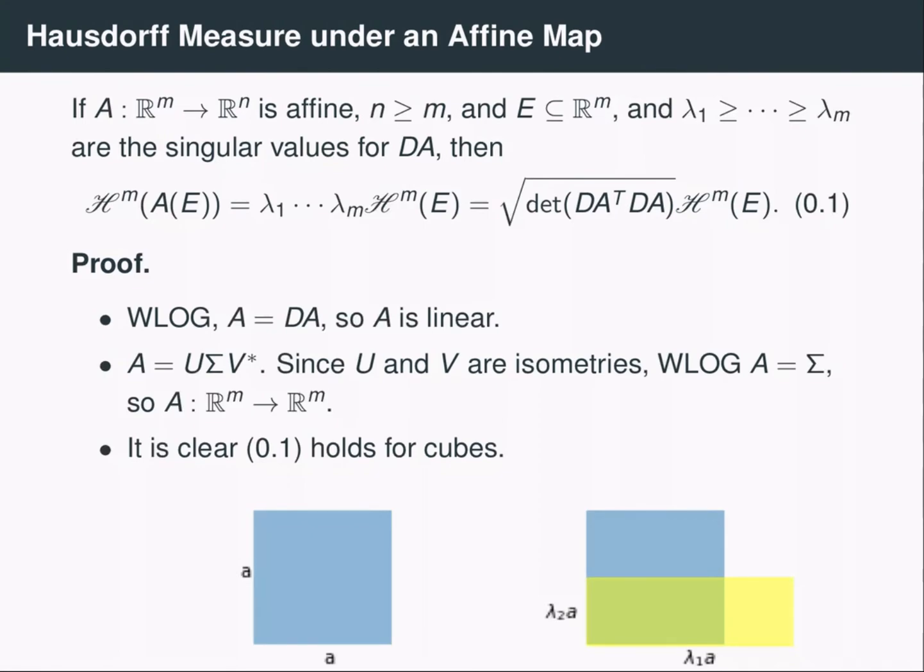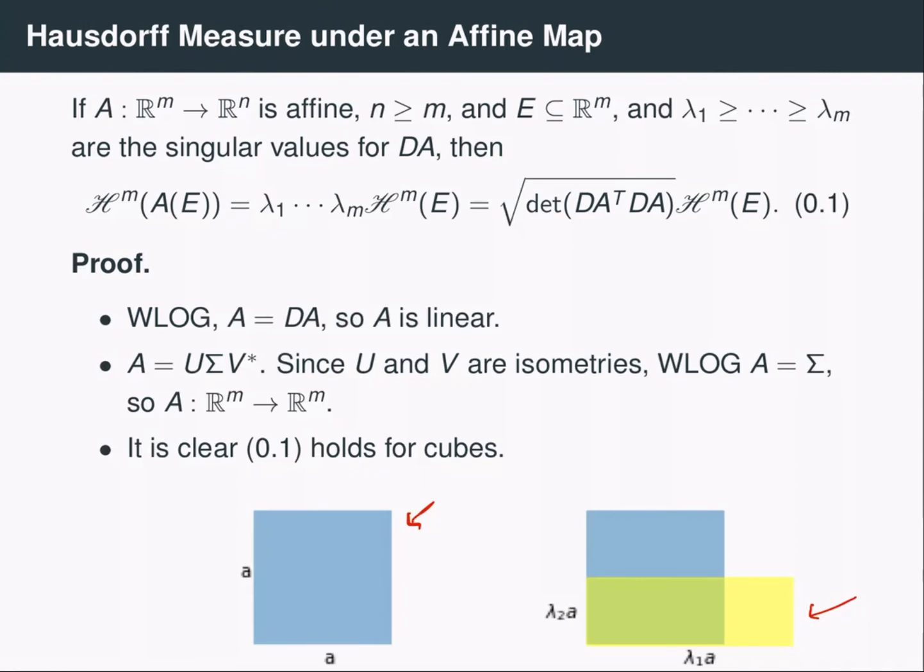This is easy to visualize in 2 dimensions. If we have a square, say an a by a square, and lambda 1 is the first diagonal entry of A, it's going to stretch vectors along the x1 axis by a factor lambda 1.